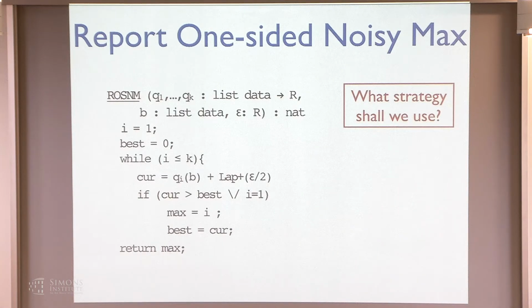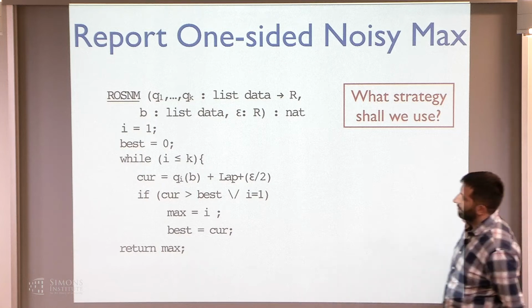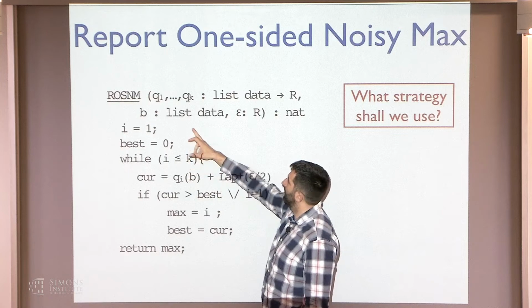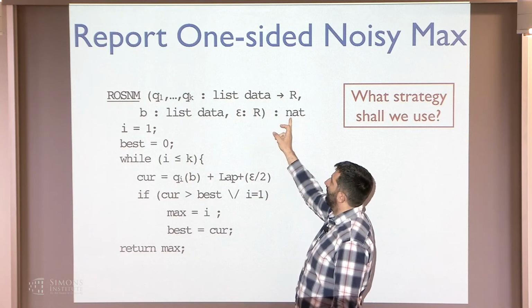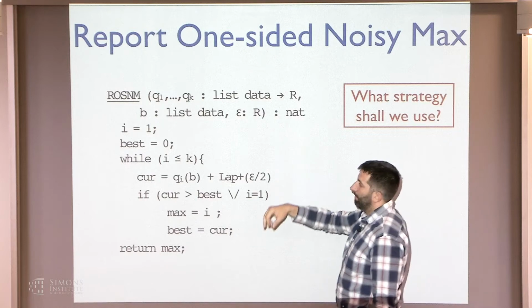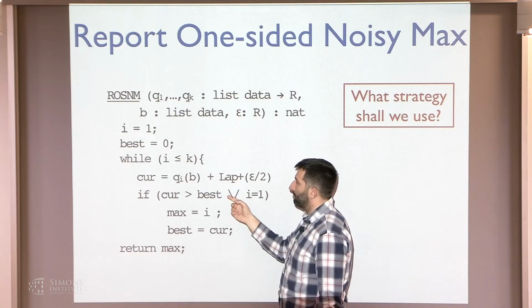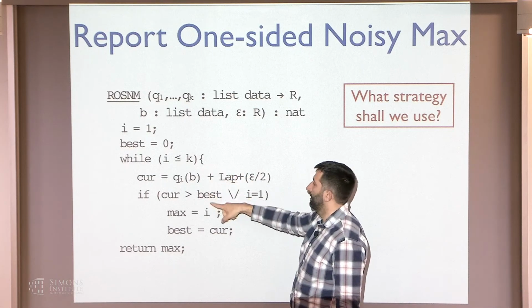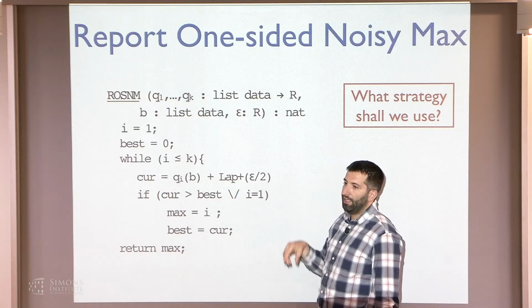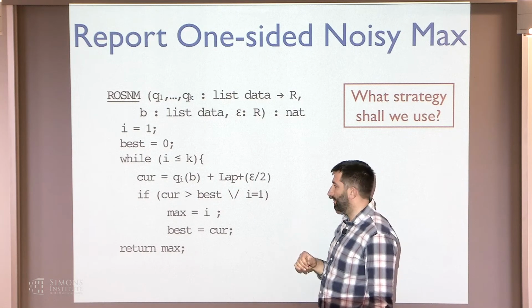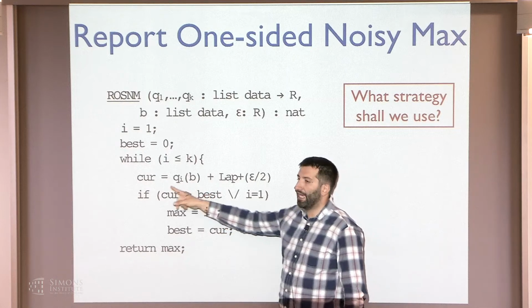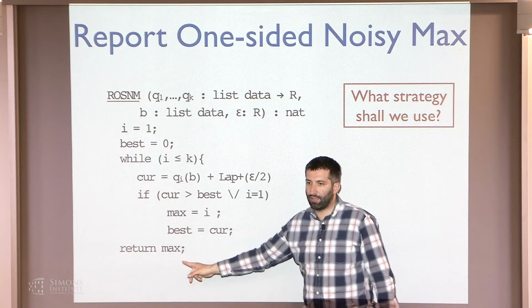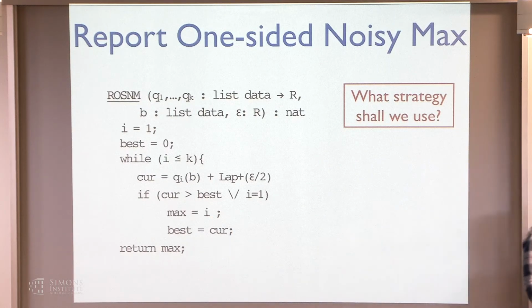Now, let me try to go quickly through the code. This function takes k queries, the data and an epsilon, and returns one index. In particular, it goes through the queries, adds to each query this exponential noise or one-sided Laplace, and then tries to find the maximal one, keeps that maximal one, and returns it.